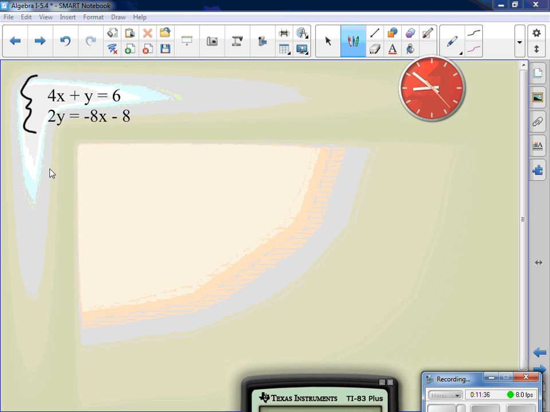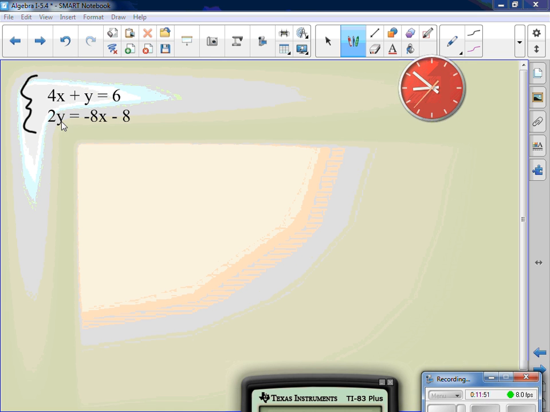There's two ways I can use substitution. But for both of them, which variable is probably the best one? The y. If I use the top one, what do I have to do to solve for y? Subtract the 4x over.